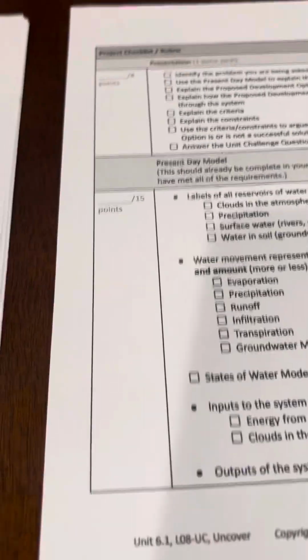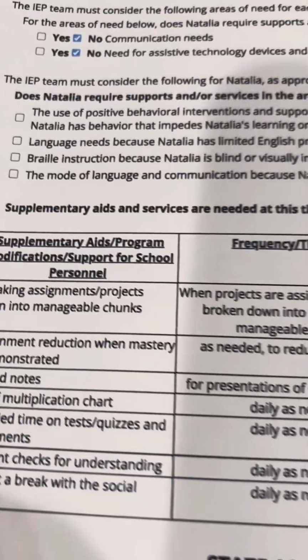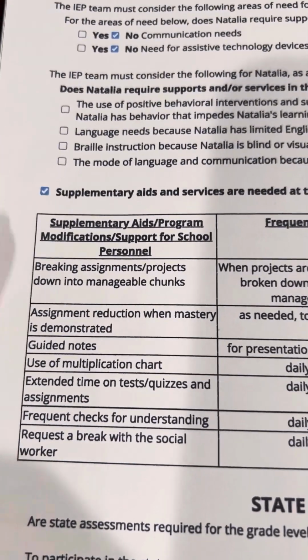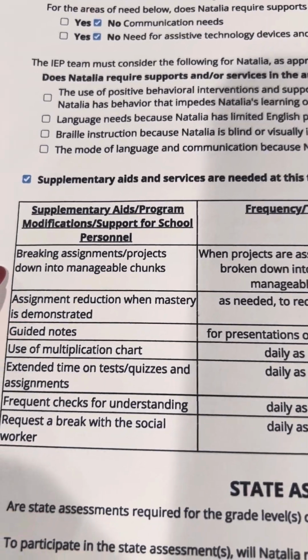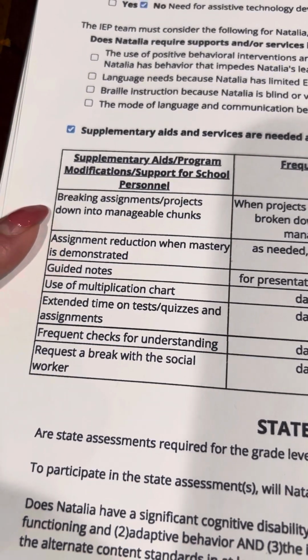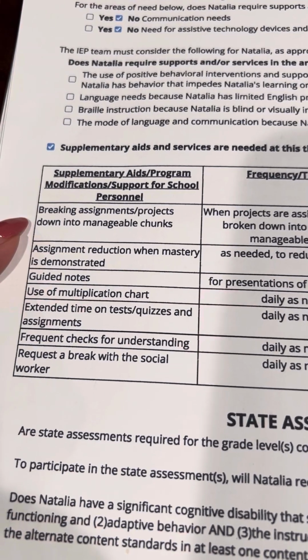So what I would like to know is if this, on her IEP, is considered a broken down assignment, if it's broken down into manageable chunks, because I do not feel like it is.